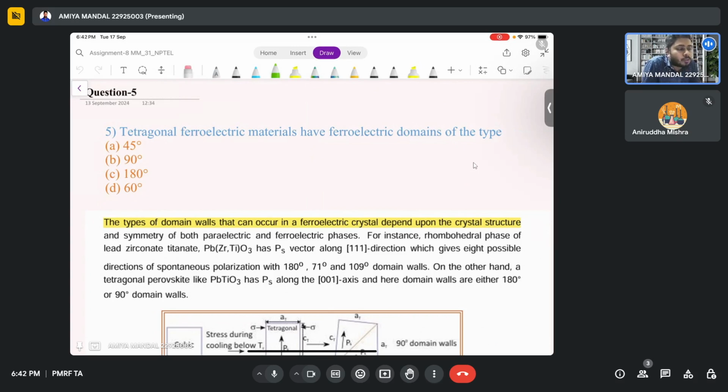The opposite directions are formed due to the positive and negative charge orientations, and opposite formation of the dipoles, due to which opposite orientations of polarization are formed. That's why opposite polarization and 180-degree domains are formed along the surface domain walls. So 90-degree or 180-degree are the true options.